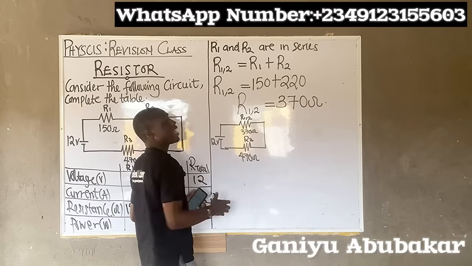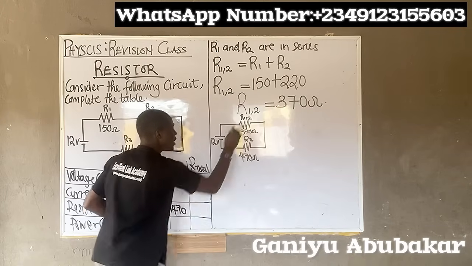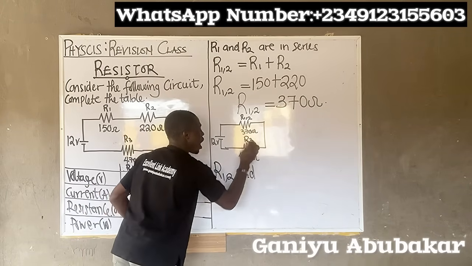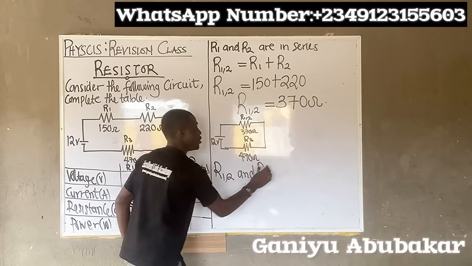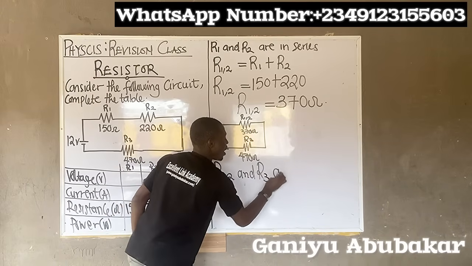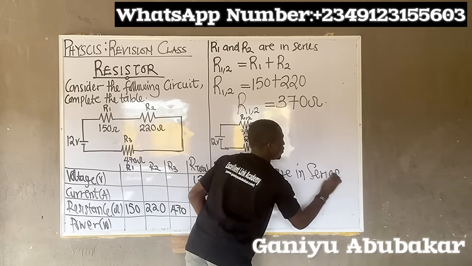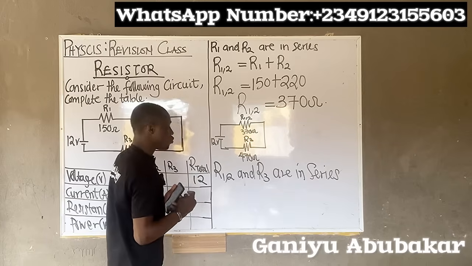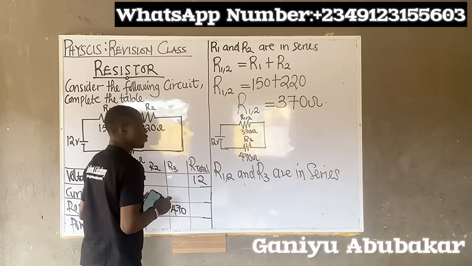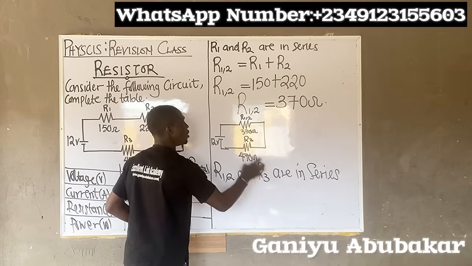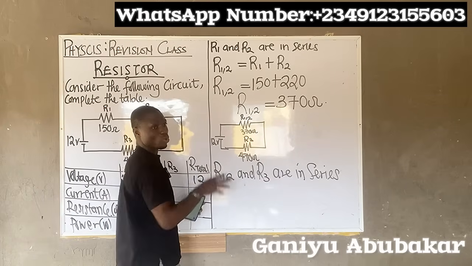These are still in series. So I'm saying that R12 and R3 are in series. If they are in series, what do we know? Observe that after R12 and R3, there is no other resistor here again.